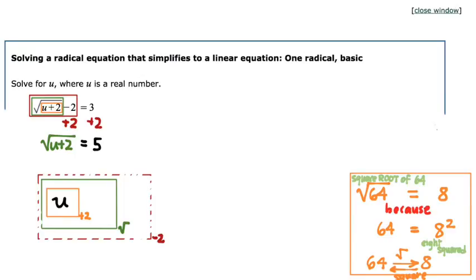And now that our outer layer has been taken care of, we have the next layer on the inside. We have the green box, the green layer of wrapping paper, which is our square root. And according to what we talked about over here, how do we undo a square root? What is the opposite of taking the square root of a quantity?